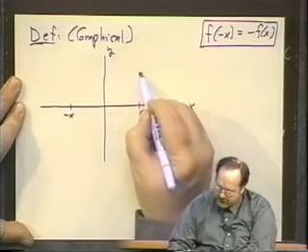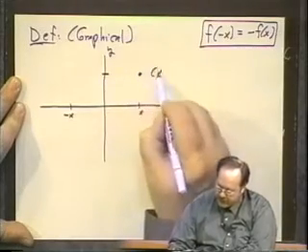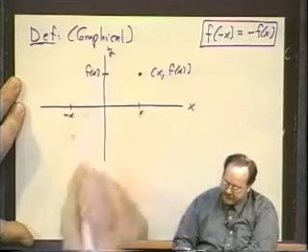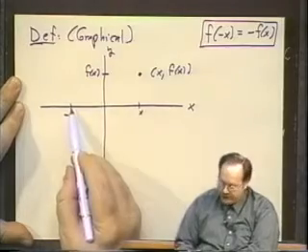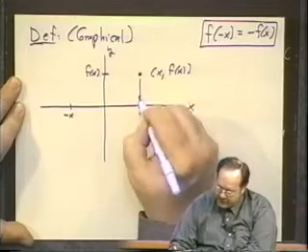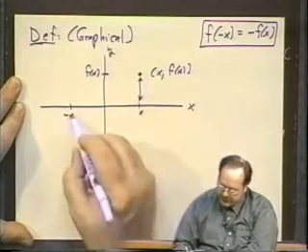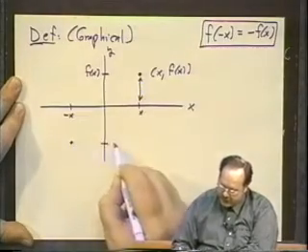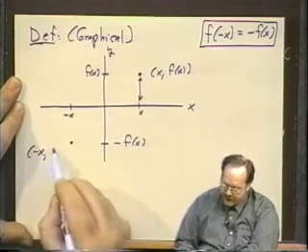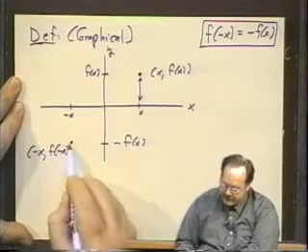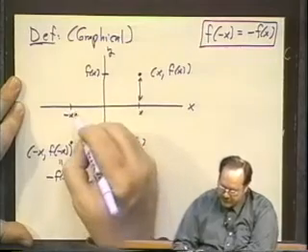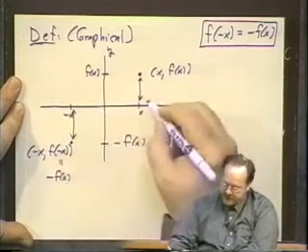X, of course, goes to whatever height it goes to. X goes to f of x height. Now where does minus x go? It goes to the negative of that f of x height. So instead of going this distance upward, it goes that distance downward. This is negative f of x. So this point here will be minus x comma f of minus x, but f of minus x is minus f of x here. So it goes down to this point, which is the same distance that this went up, except it goes down.